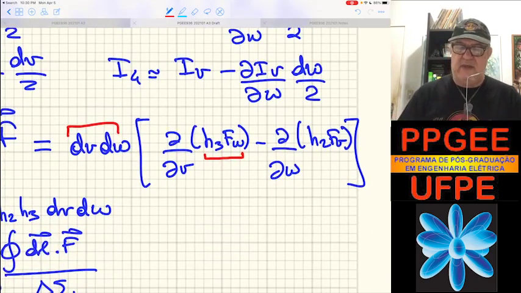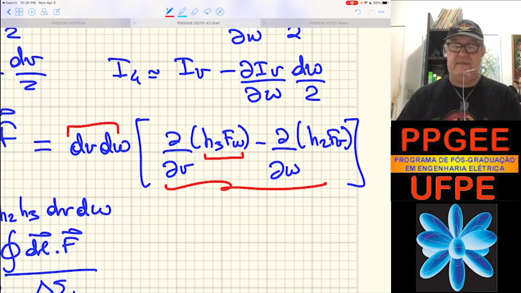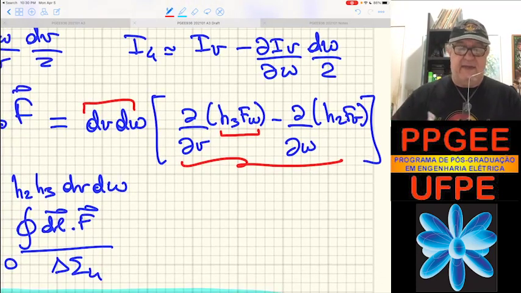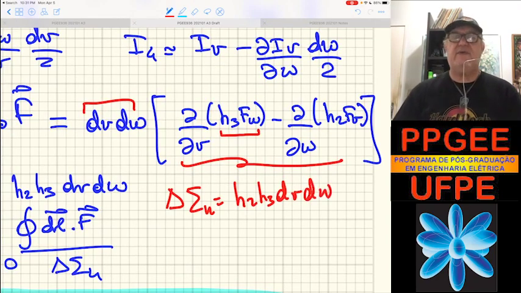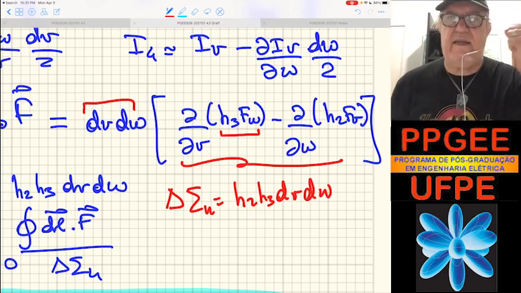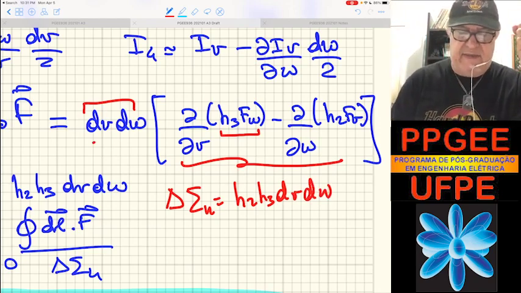So we have those two cross derivatives. And now this area delta sigma U is H2 H3 dV dW. Make the ratio, and the elements that go to 0 in the limit are those dV dW. This cancels out.